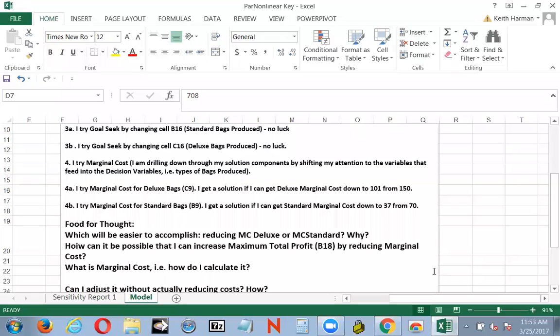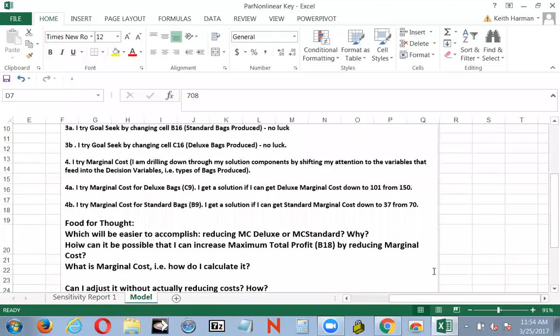And if I have a marginal cost that's larger than my fixed cost, then I've got profit. So the lower the variable cost, the larger the marginal cost, the more total profit I have, and the better the contribution margin.